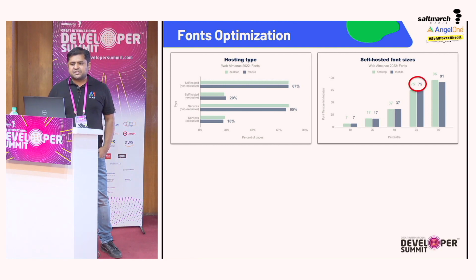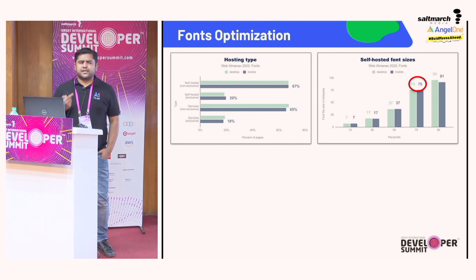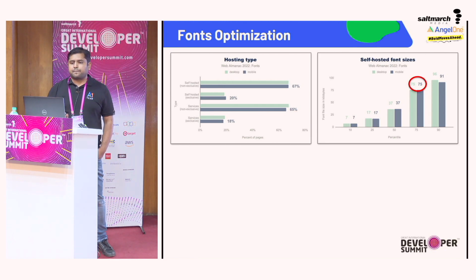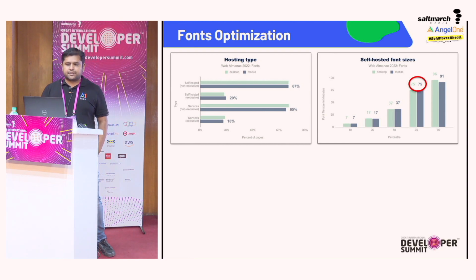The 75th percentile of the font size is close to 75 KB for a self-hosted font, which is huge. This is because if you download a font online, say a Roboto font, that Roboto font size is close to 60 to 65 KB. This is because there are a lot of different characters inside the font which your page might not be using.